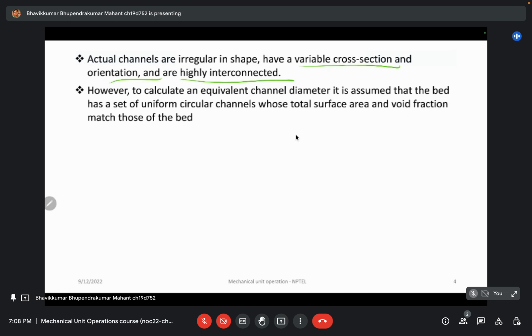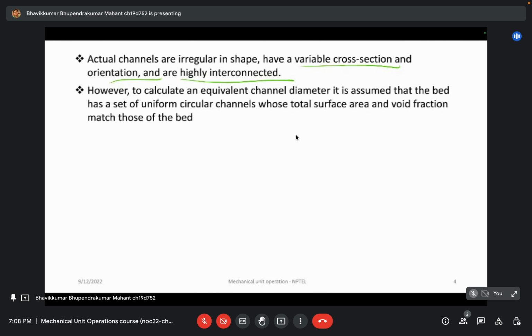So the impact of one part of the channel, or one part of the fluid and particle interaction, will be transferred to the whole packed bed as such.